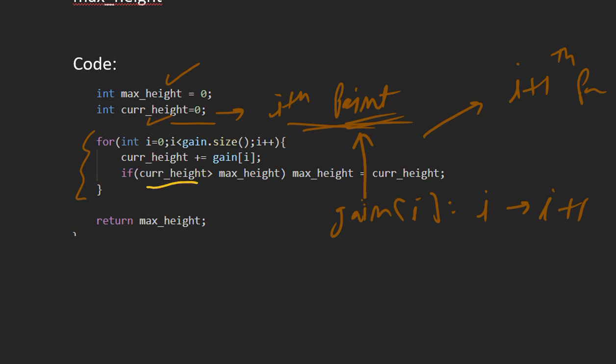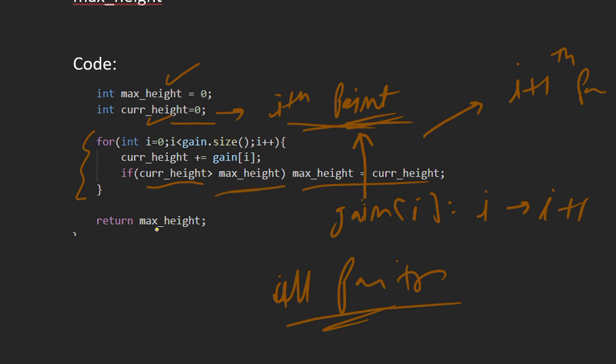Then we compare the height of the i plus 1th point with the maximum height, and if the height is greater than the maximum height, then we update our maximum height. In this way we find the height of all the points, compare them to the maximum height, and at the end we return the maximum height.